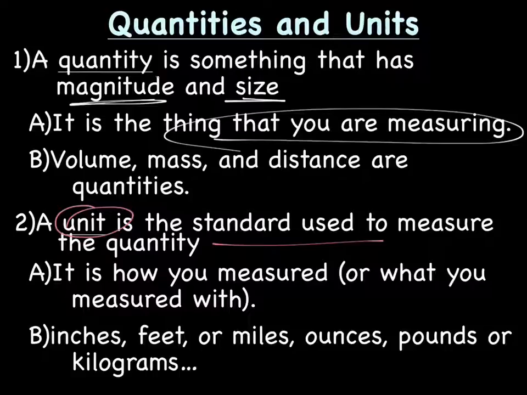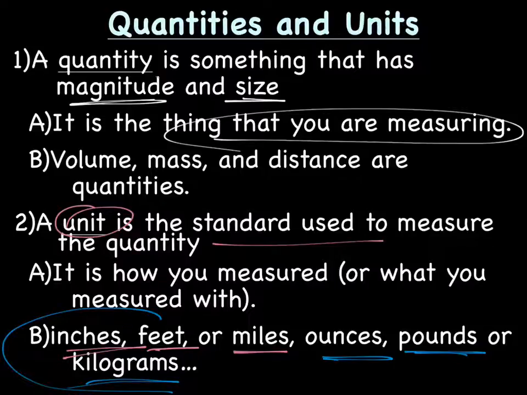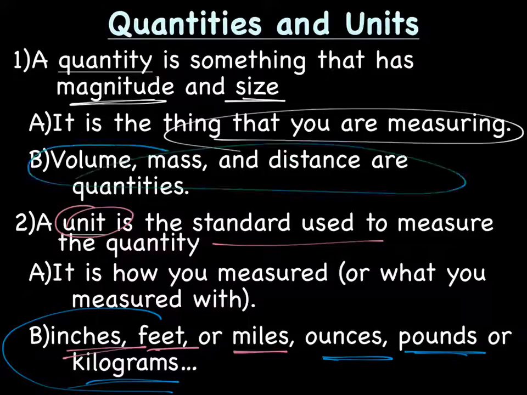It is how you measured it, what you measured it with. For example, did you measure distance in inches, feet, or miles? Did you measure mass in ounces, pounds, or kilograms? These are units, where volume, mass, and distance are quantities.